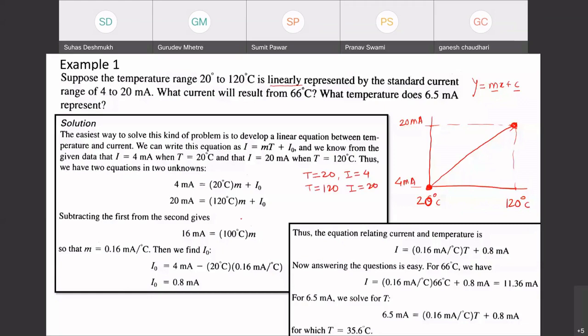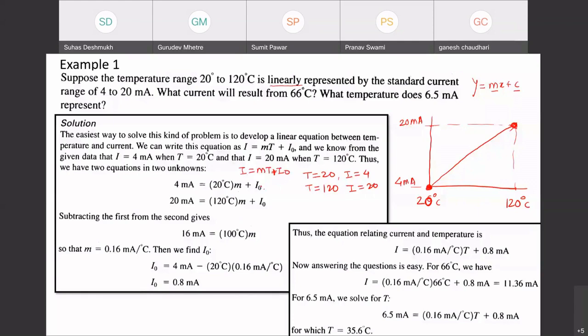That is what I can put here: I is equal to M T plus I0. So here I want to find M and I0. For that purpose, I substitute 4 milliamperes into the equations.